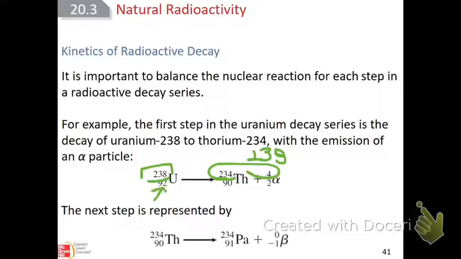This subscript down here is 92, so these two together must add to be 92 also. And the same is also true at each step. Each reaction has to be balanced along the way. It must stay balanced. And that's what it's talking about there, and that's what you'll be required to do as well.